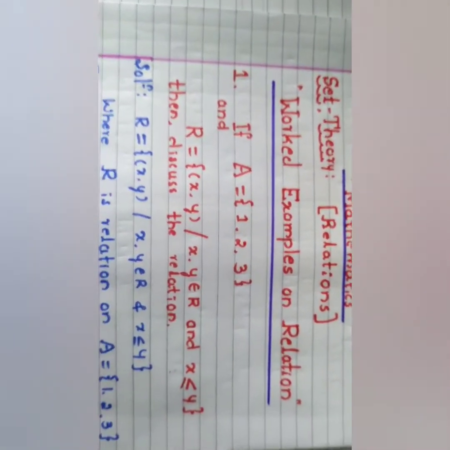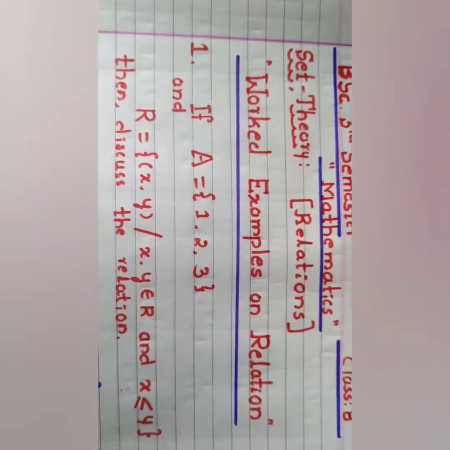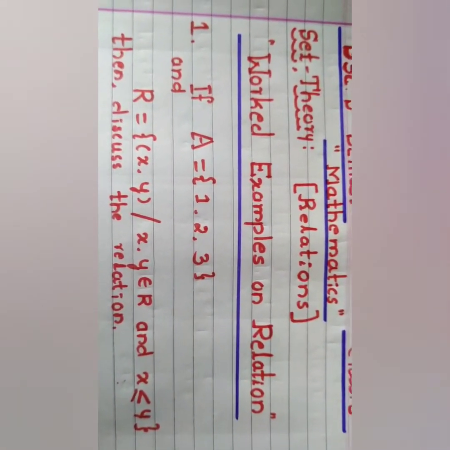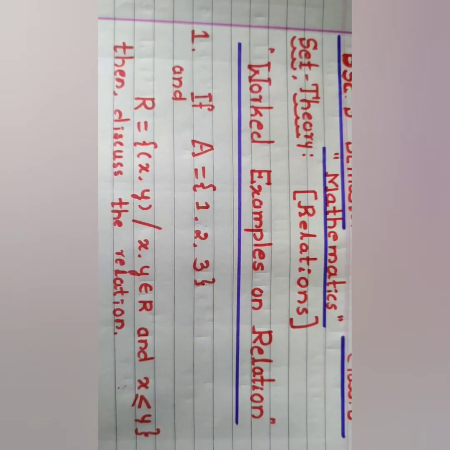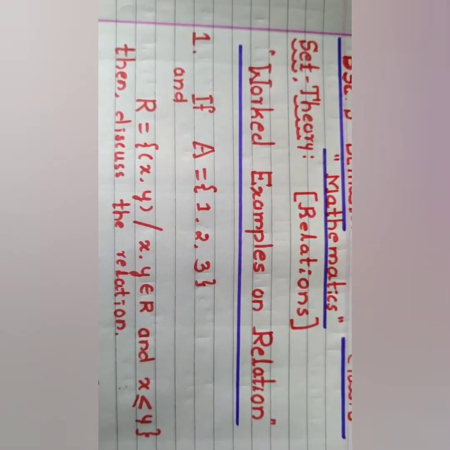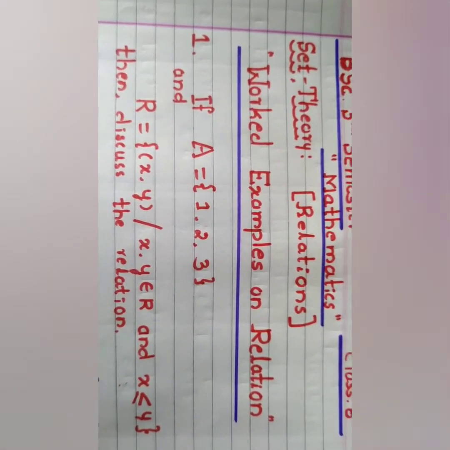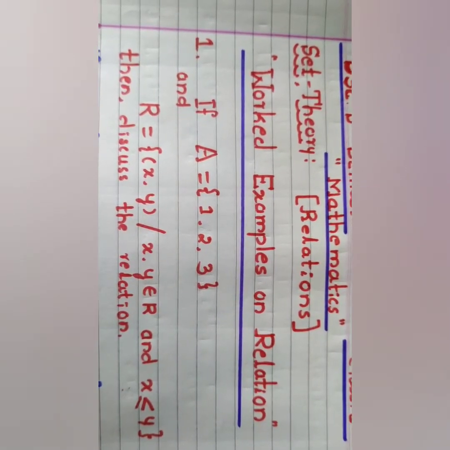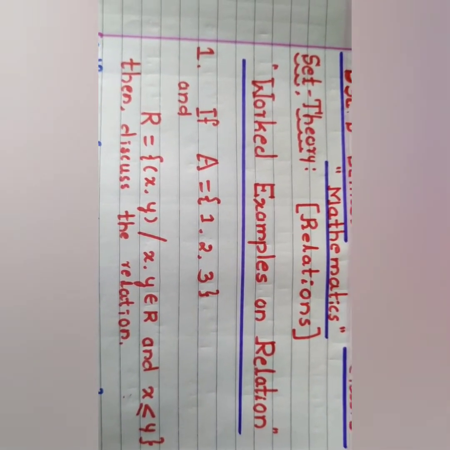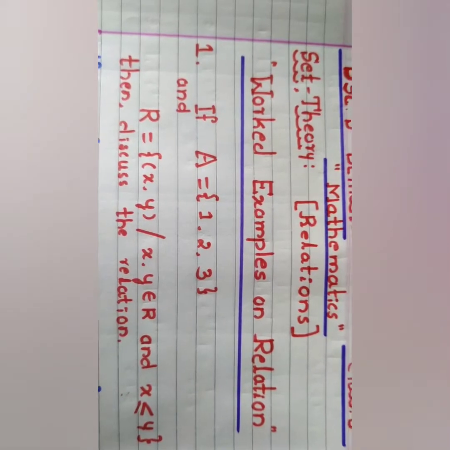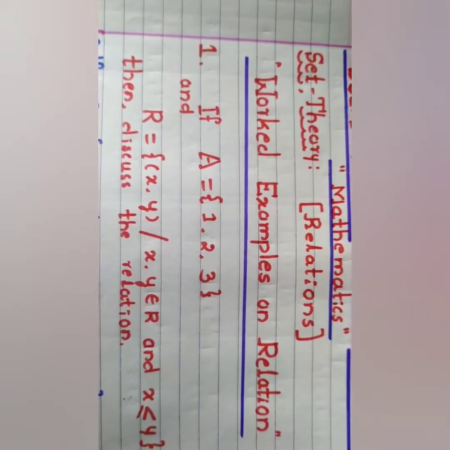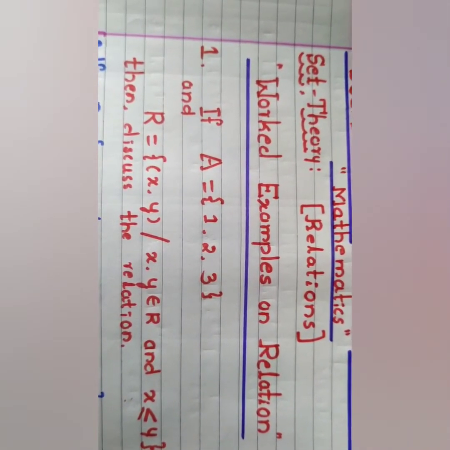Now to take the worked example on the relation. In this example, the question: if A is equal to the set {1, 2, 3} and R, the relation, is equal to the set of pairs (x, y), where the bracket (x, y) is read as a pair xy.